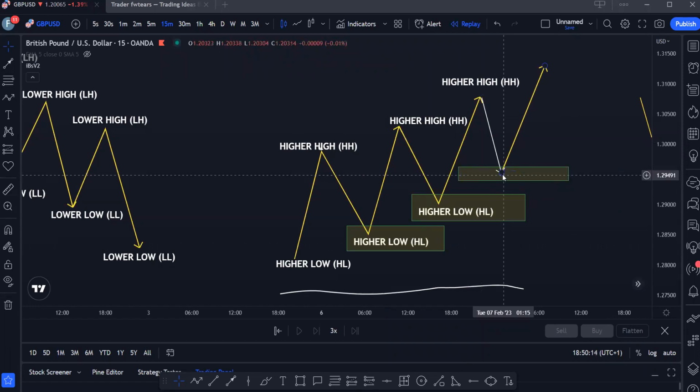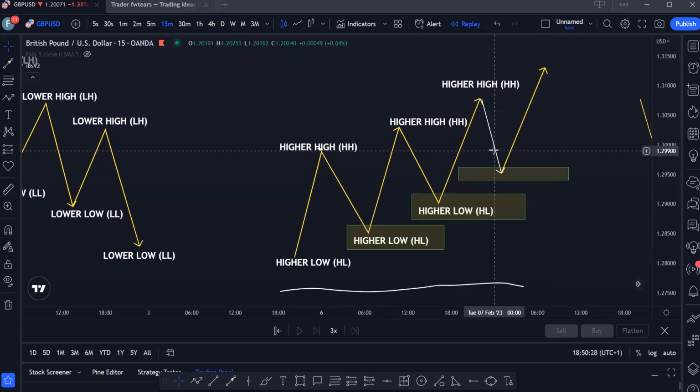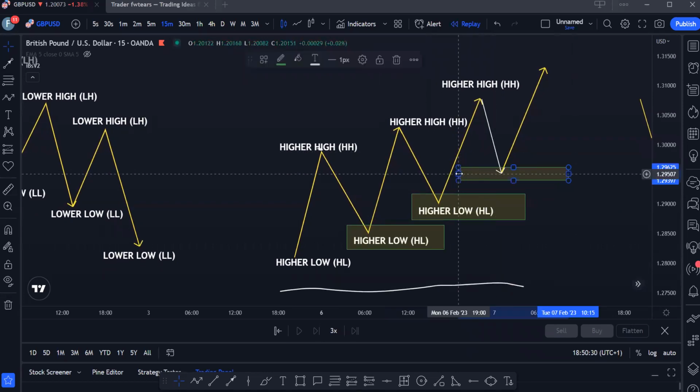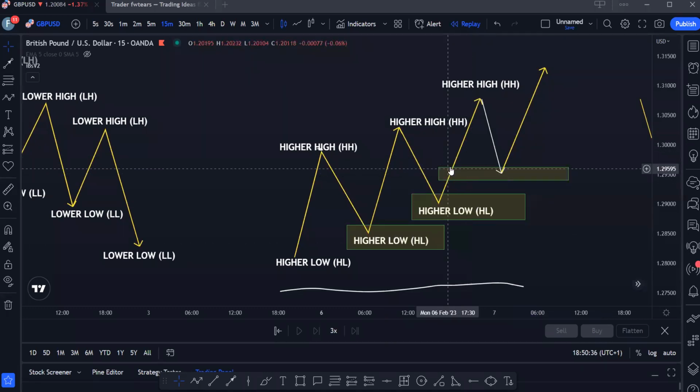Which begs the question, how do you know that price has gotten to a higher low? All right. The most effective way to determine a higher low zone is to identify an area of support in that uptrend.